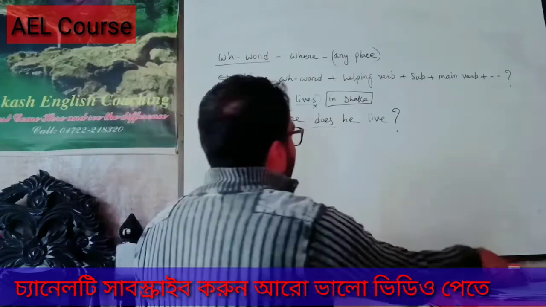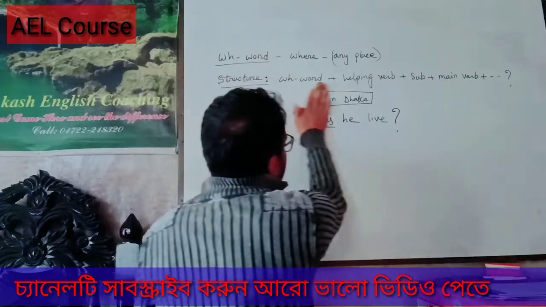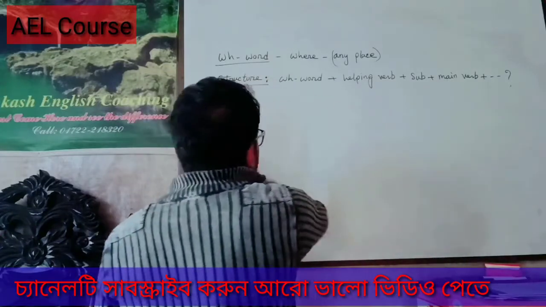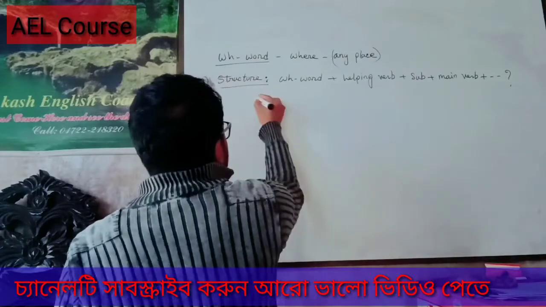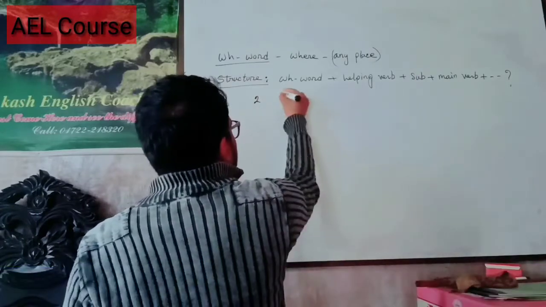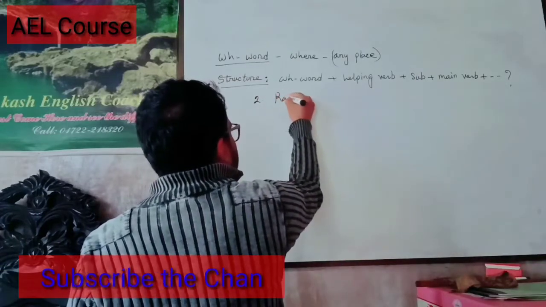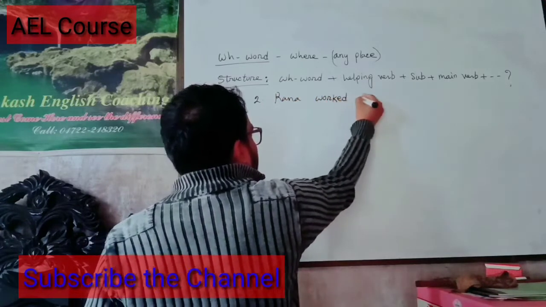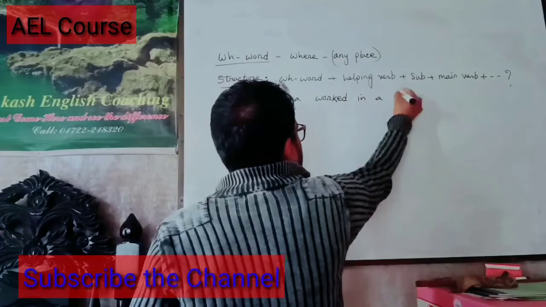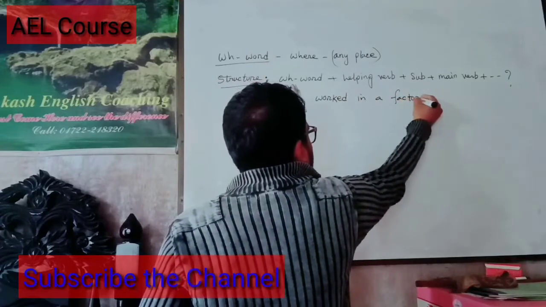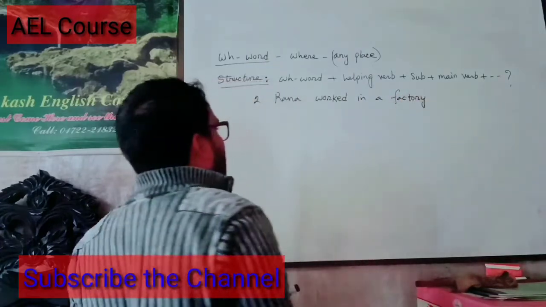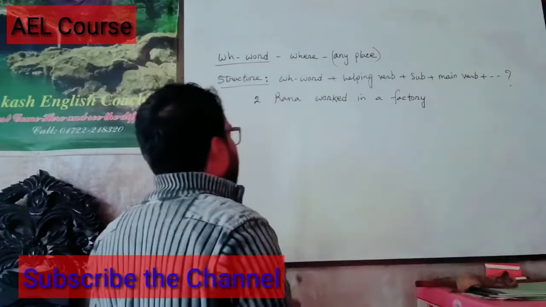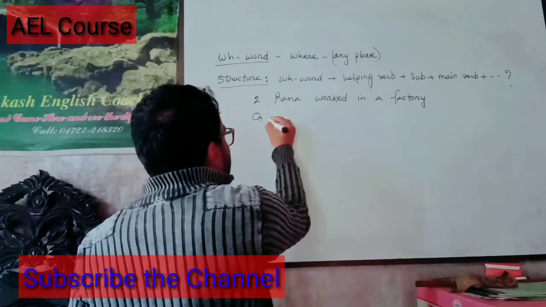So I think you have understood. I am showing another example, number 2. Rana worked in a factory. Make this sentence into interrogative by using a WH word.